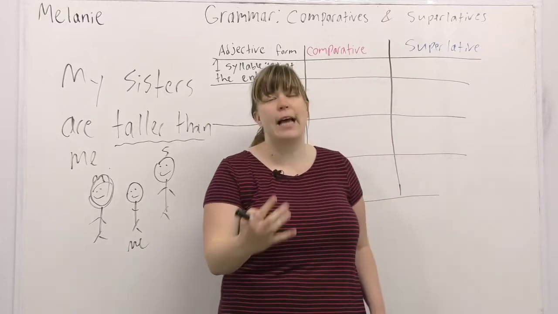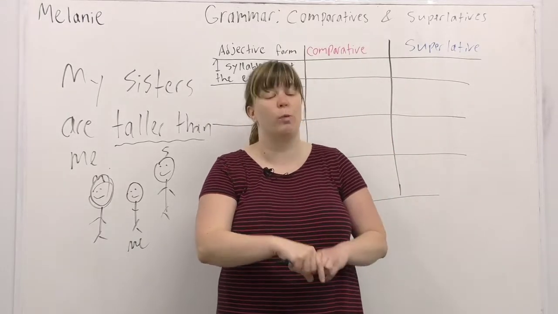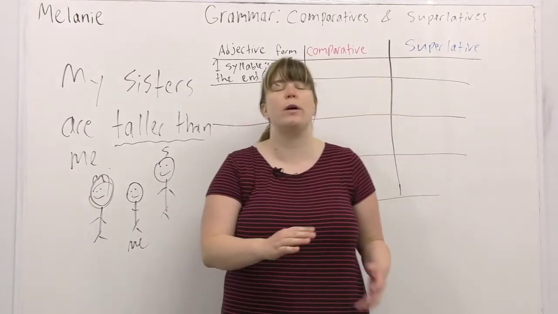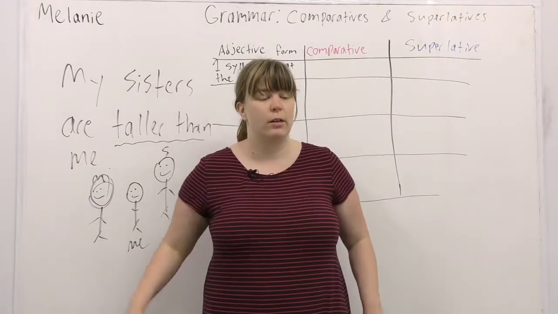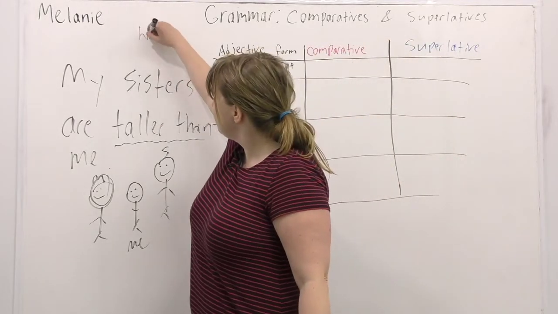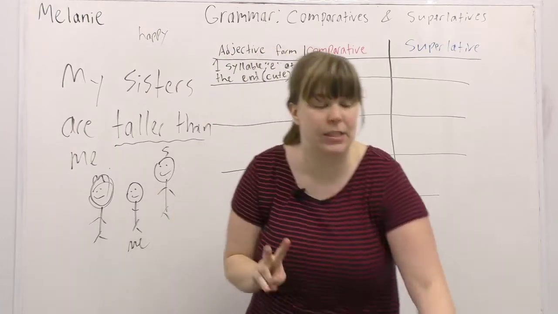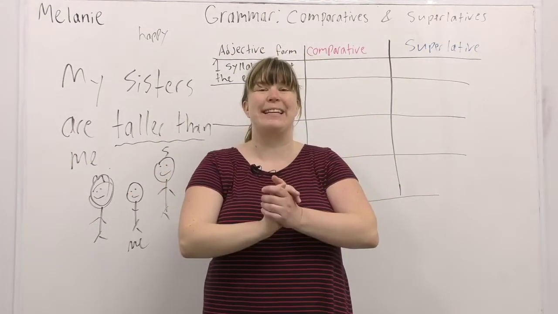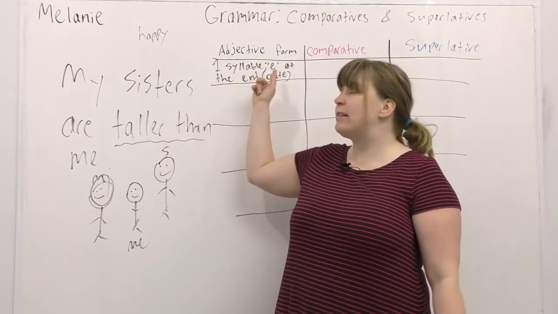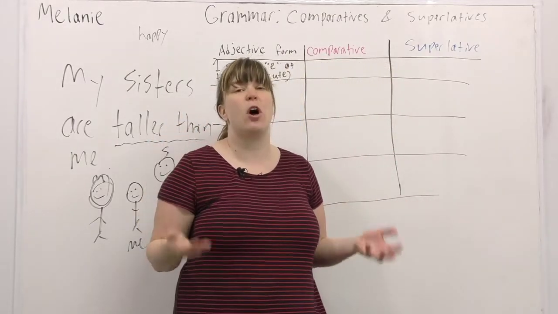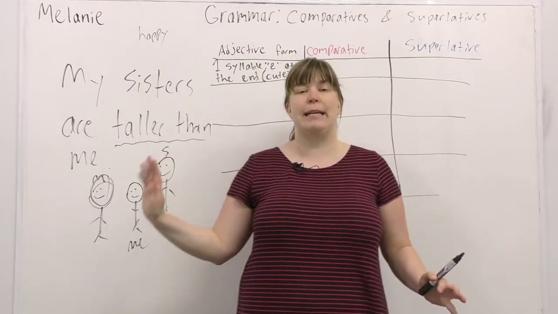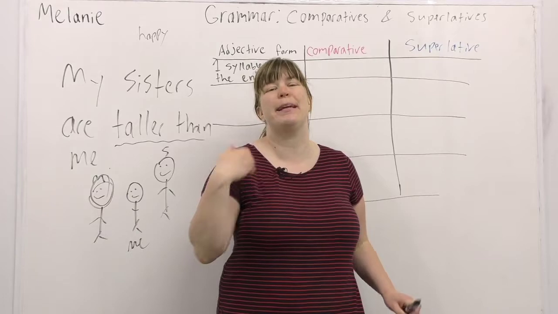A syllable is kind of like how many parts a word is made up of. So for example, cute has one syllable, cute. But what about the word happy? The word happy has two syllables, happy. Cute, one syllable. So when I write down syllable, that is what I am talking about. Now, if you have any questions throughout this explanation, just let me know at any time and I'll answer your question for you.